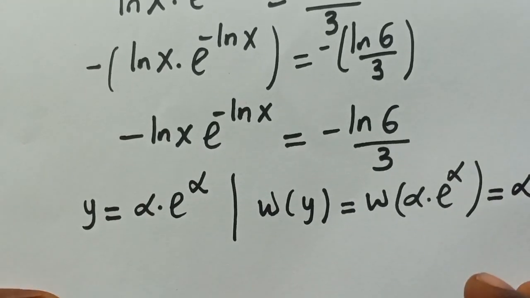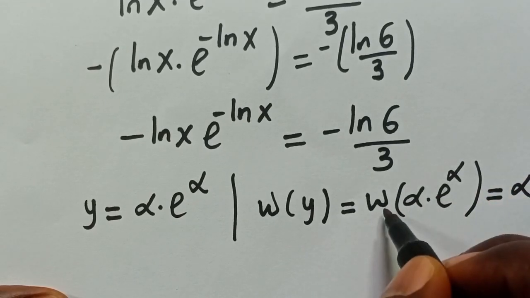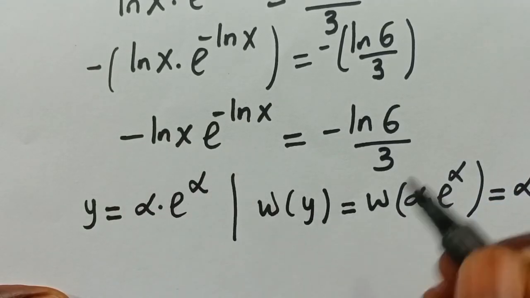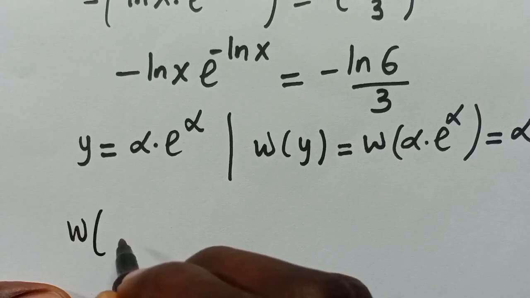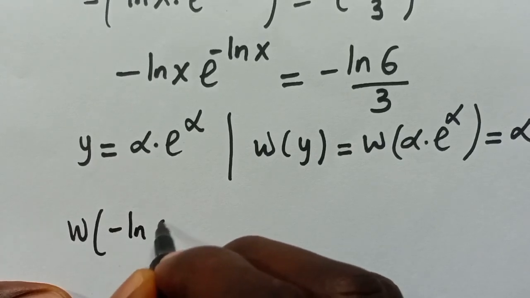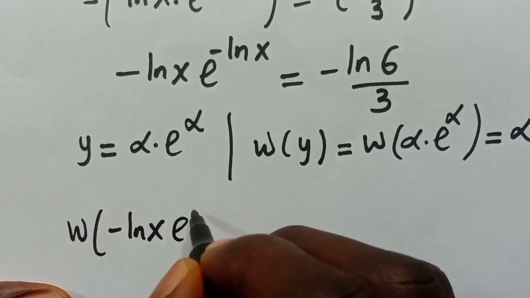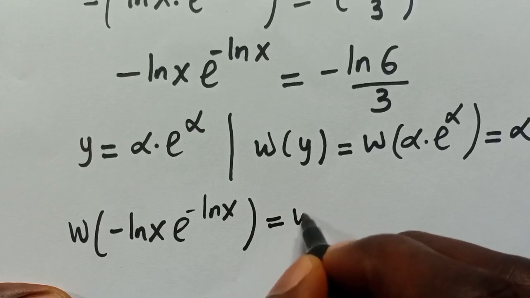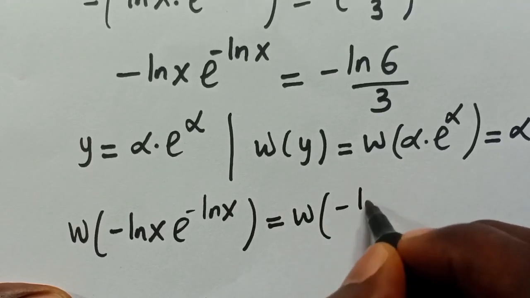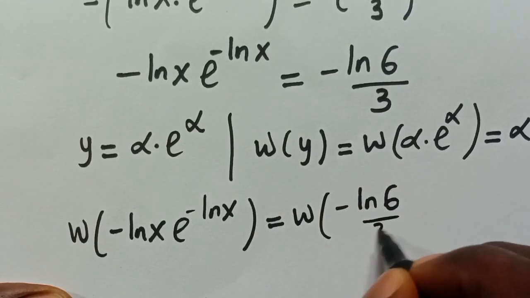So therefore, we want to apply this W Lambert function to this side of the expression and to this side. So we are going to have the W Lambert function of minus ln of x multiplied by e to the power of minus ln of x equals the W Lambert function of minus ln of 6 divided by 3.